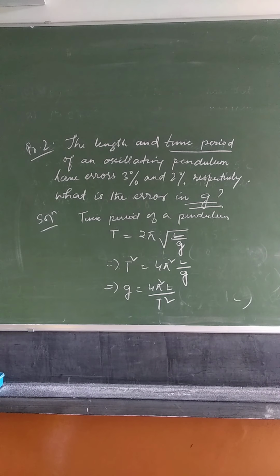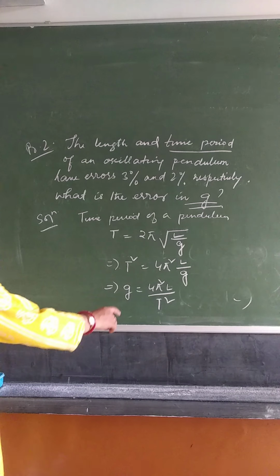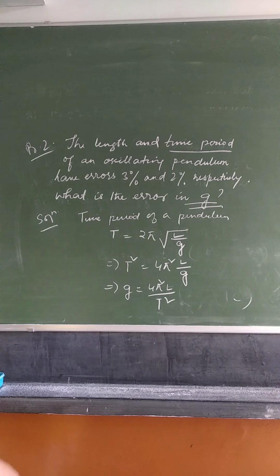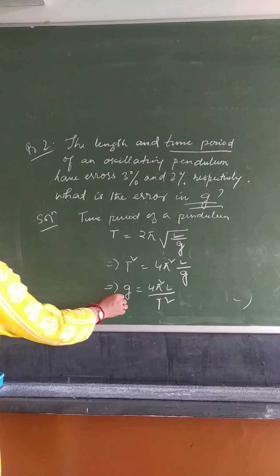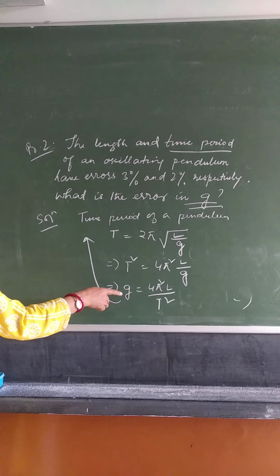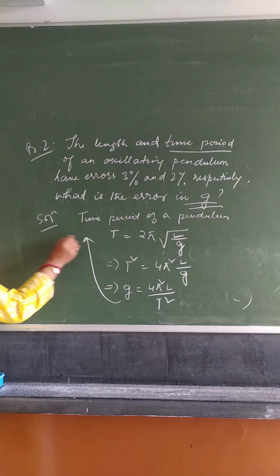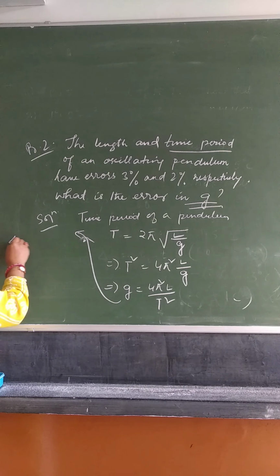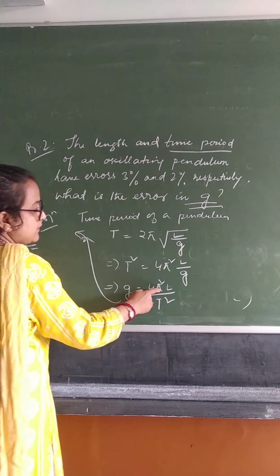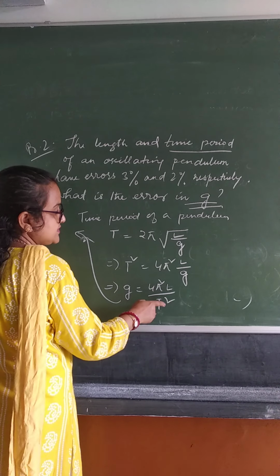That means you must have the error in g. You must express what is the error in the estimate of g, and you have to express it in percentage. That means you must express it like this: delta g by g. Now you know how we express the power.